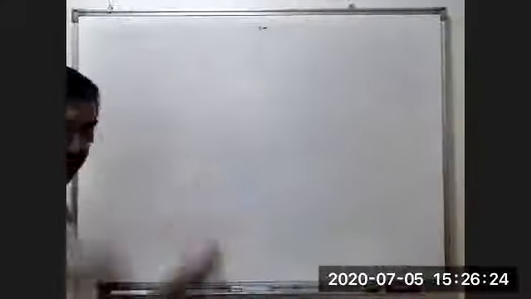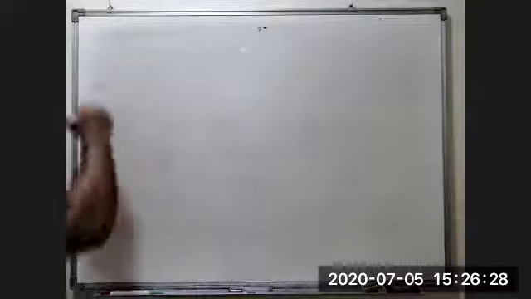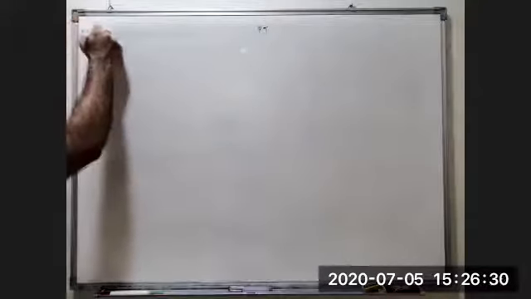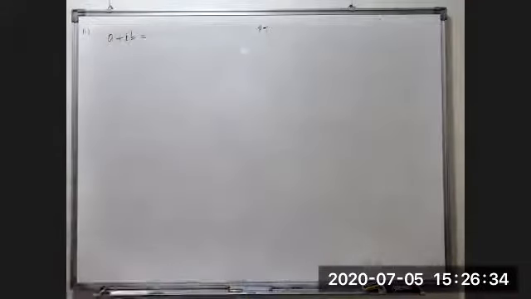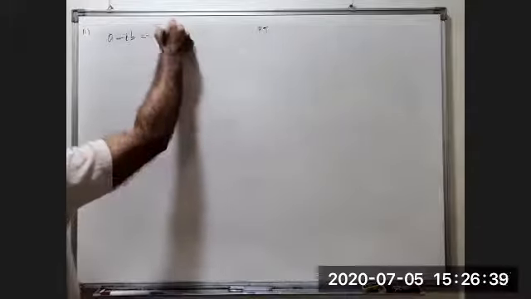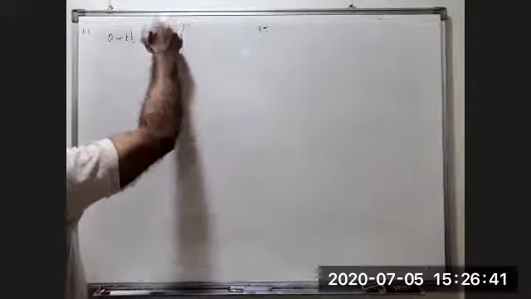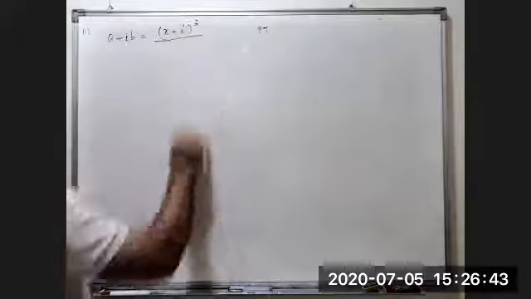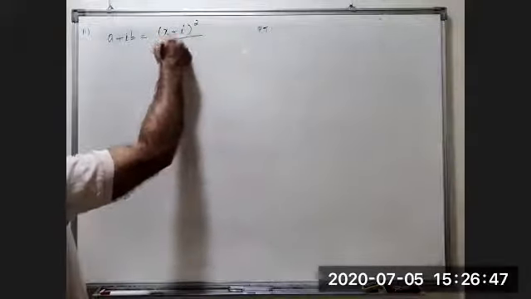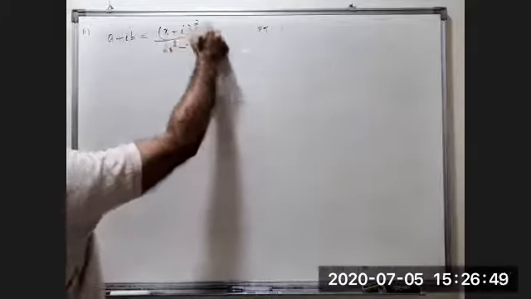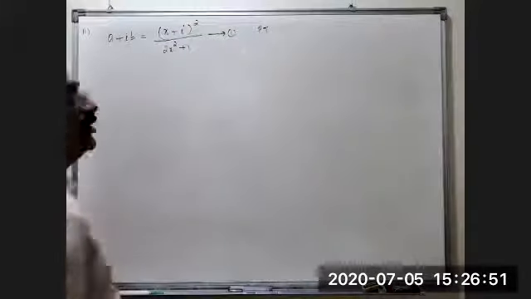See, question number 11: a + ib is given as (x + i)² by (2x² + 1), equation number 1. What to prove?